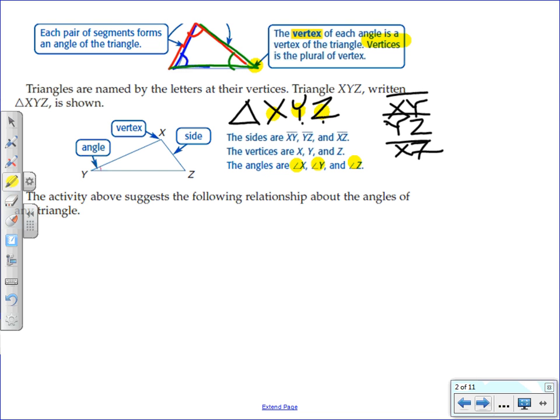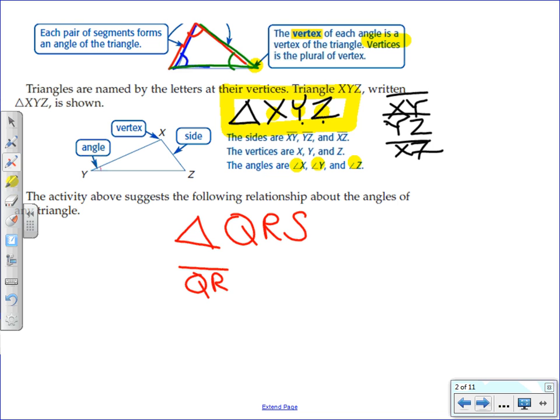So I want you to be able to identify by looking at triangle XYZ what are the sides, what are the vertices, and what are the angles. For instance, what if we have triangle QRS? What will be my line segments? Line segments will be QR, here and here, right?